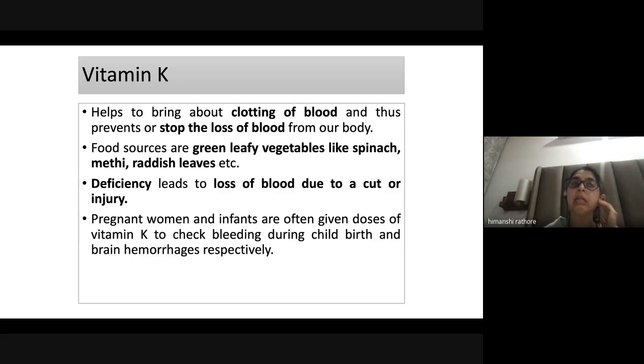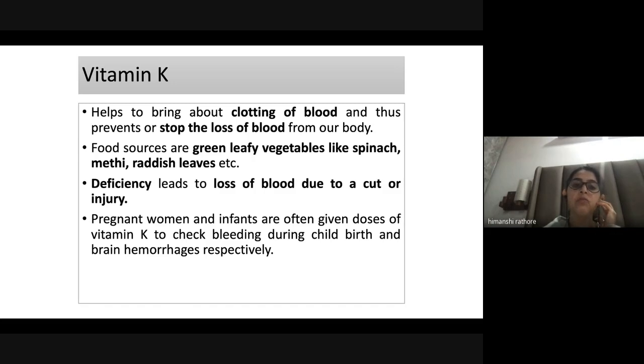Vitamin K is present in green leafy vegetables like spinach, radish leaves, methi leaves. So they are all vitamin K rich foods. All green leafy vegetables contain carotenoid, which is the coloring agent, but they also have a high amount of vitamin K in them.